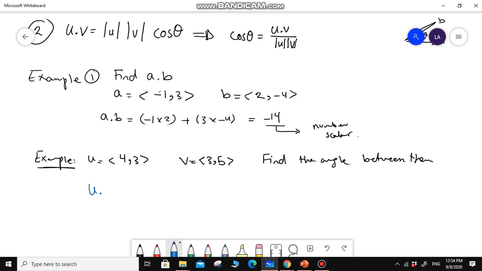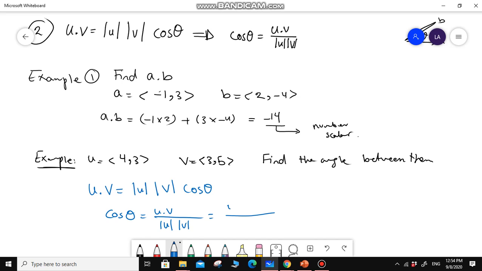I want to apply u dot v equals absolute value of u multiplied by absolute value of v cosine theta. So I need to find u dot v first, and then the magnitude of u, and then the magnitude of v. Cosine theta, let me arrange it: u dot v divided by magnitude of u, magnitude of v.